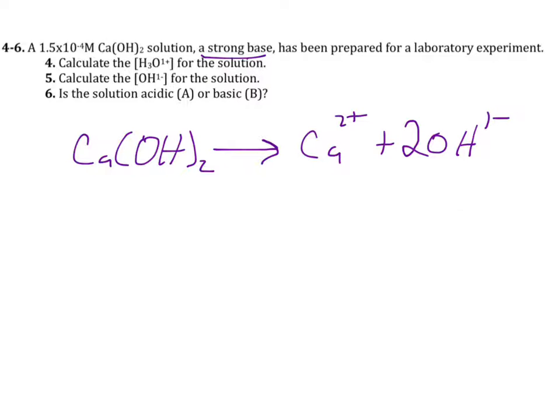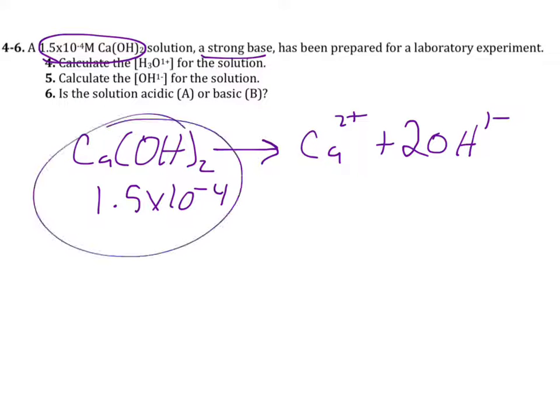And so what that means is whatever the concentration is of the calcium hydroxide, which it gives us the concentration right there, that is going to be the concentration of the hydroxide, except for it's the concentration times 2. Because again, whatever the concentration of this is, we're going to have twice as much hydroxide ion.